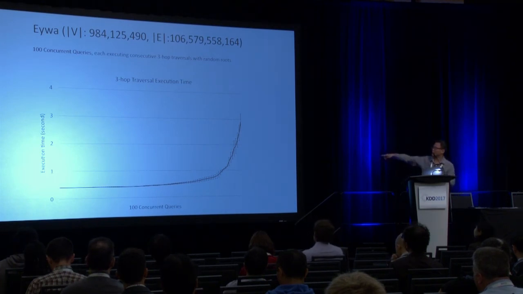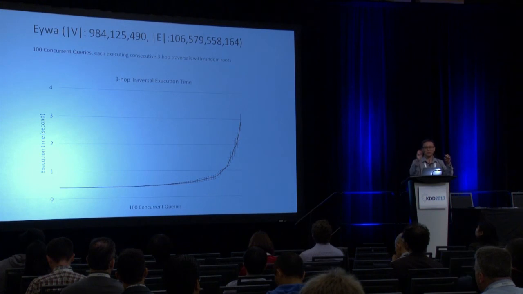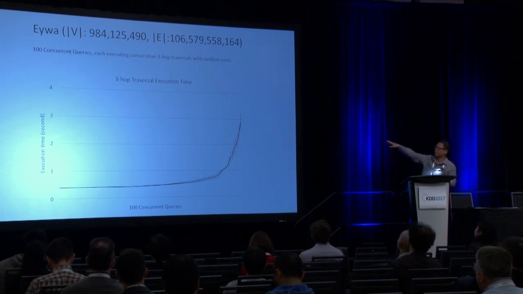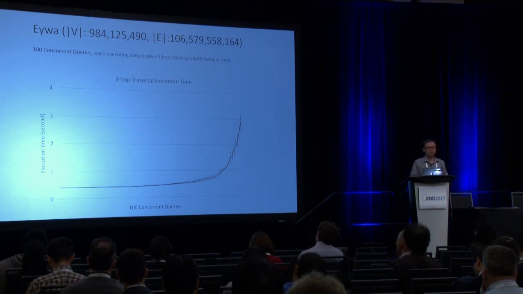Okay, and there are some more difficult queries. Why are they difficult? Because the nodes cross the border, so they need to read the data from different shards. But even so, all the queries can be done within 4 seconds, and on average, all can be done in 3 seconds.